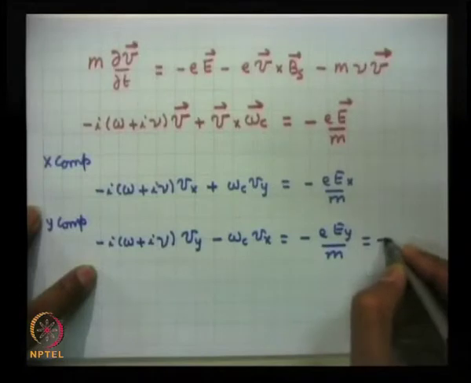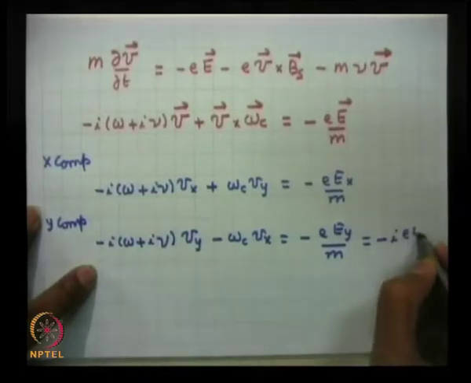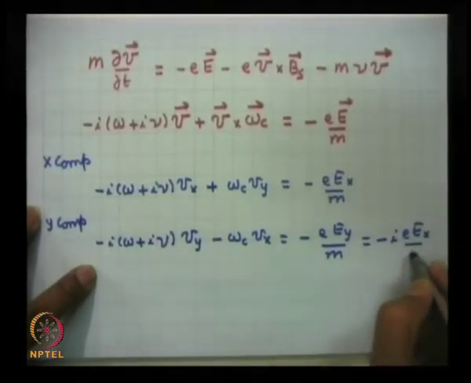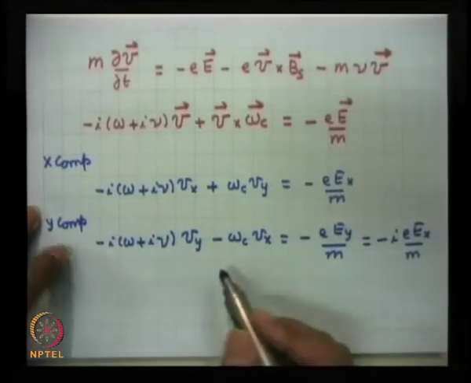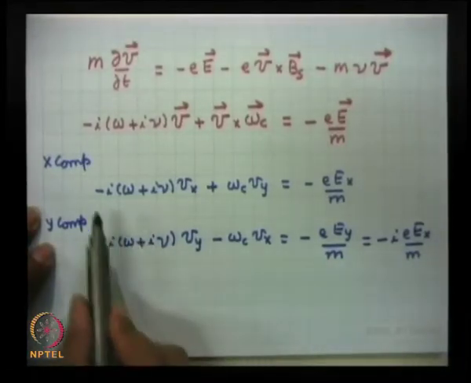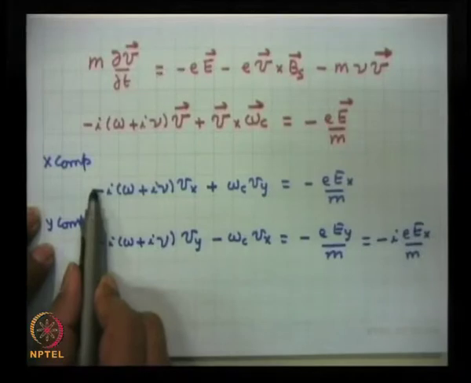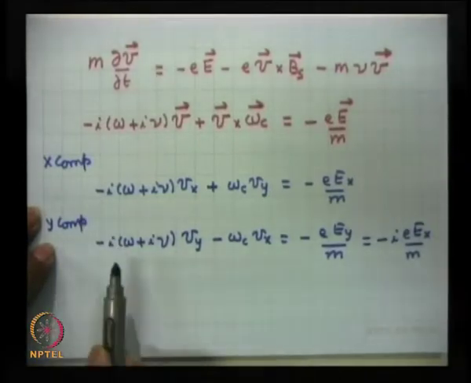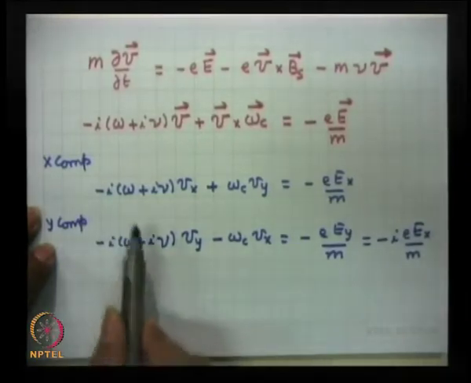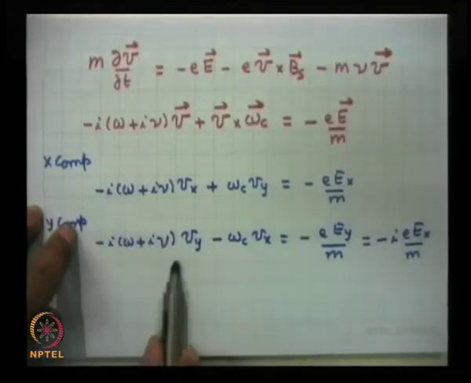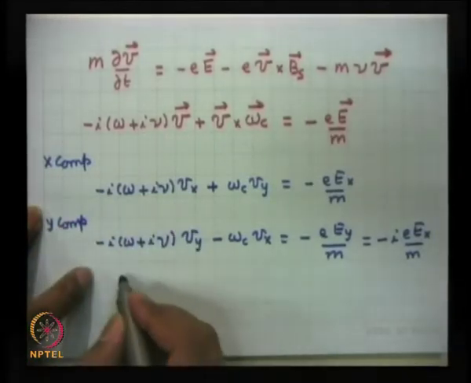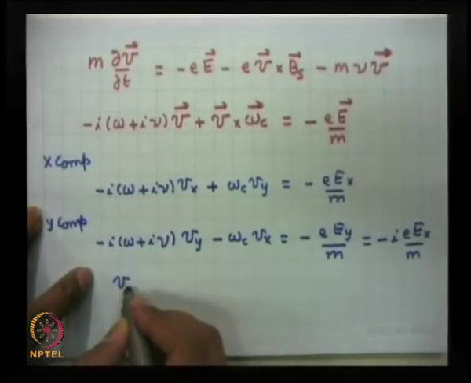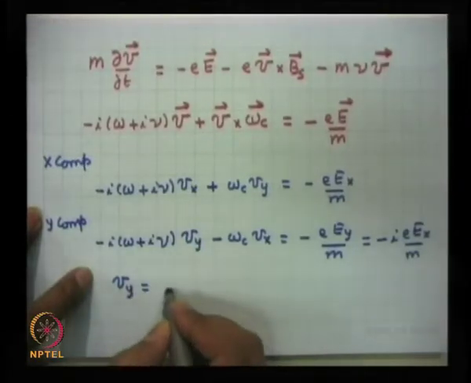So, I can write this as −Ex/m. What I am saying is that if I multiply this equation by i, it should be equal to this equation. So, multiply this by i and equate to this, and you will immediately get that Vy turns out to be equal to i times Vx.